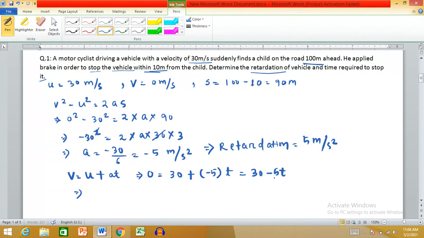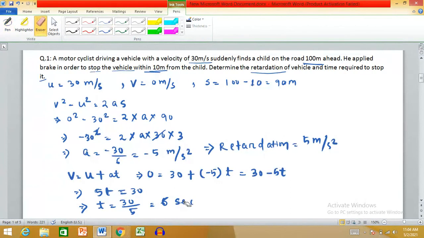When you bring that 5t here, 5t is equal to 30. t is equal to 30 by 5 is equal to 6 seconds. Generally, we never write the unit of second as sec. We always write the unit of second as s.